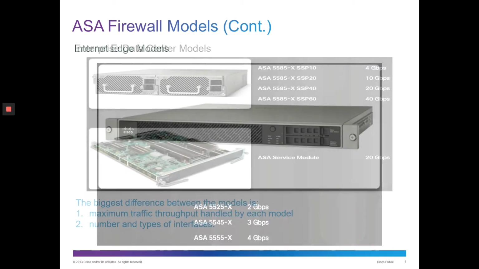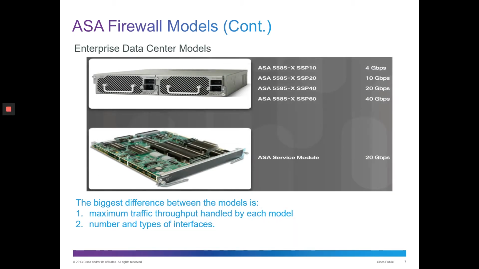Finally, we have the third type of firewall, which you use for data centers, the 5585. Again, this is quite old slides, and there are new models available as well. You can find more on the Cisco website. There are a number of models now available which are advanced versions of this series.